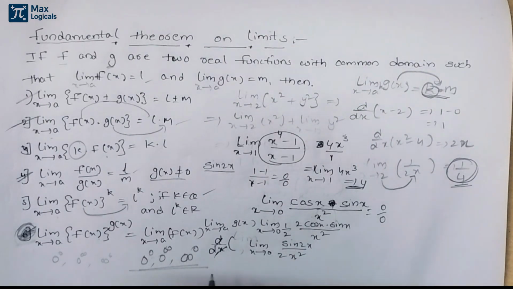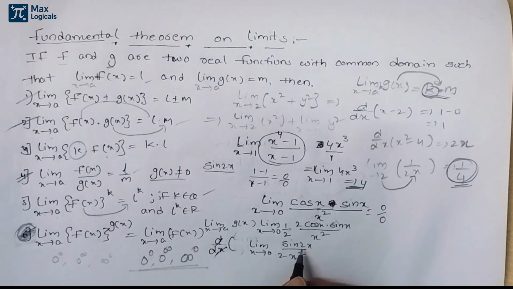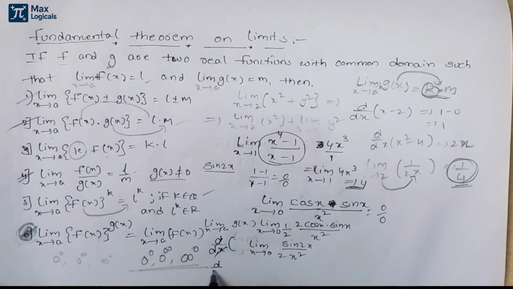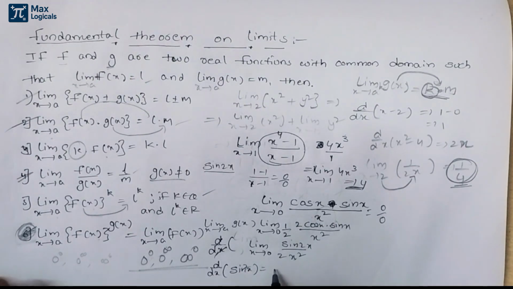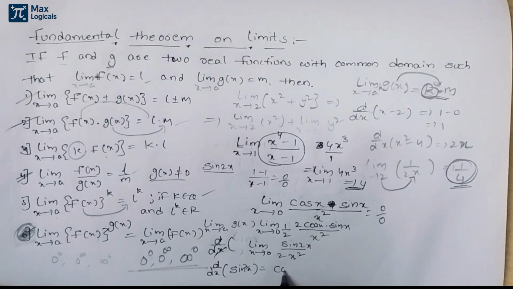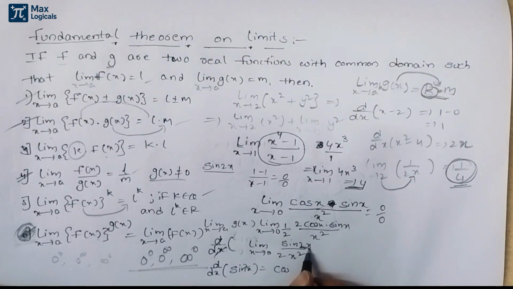Now we do the differentiation with respect to x on numerator and denominator. The differentiation of the numerator sin 2x: the differentiation of sin theta is cos theta, where the theta value is 2x, so we have to do the inner derivative also, that is 2.